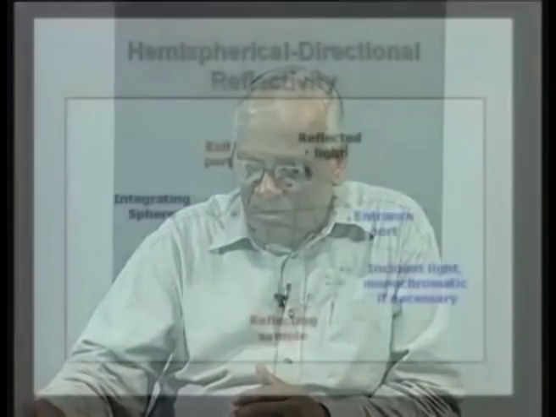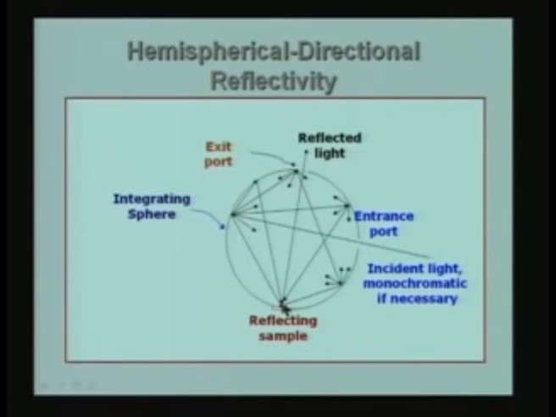In the next lecture I will also talk about another arrangement. In this case, I allowed the radiation to impinge on the reflecting surface from all directions, and I measured the reflected light. I can also do exactly the opposite. I can allow light to be impinging on this sample, and after reflection it gets reflected in all directions from the reflecting sample.